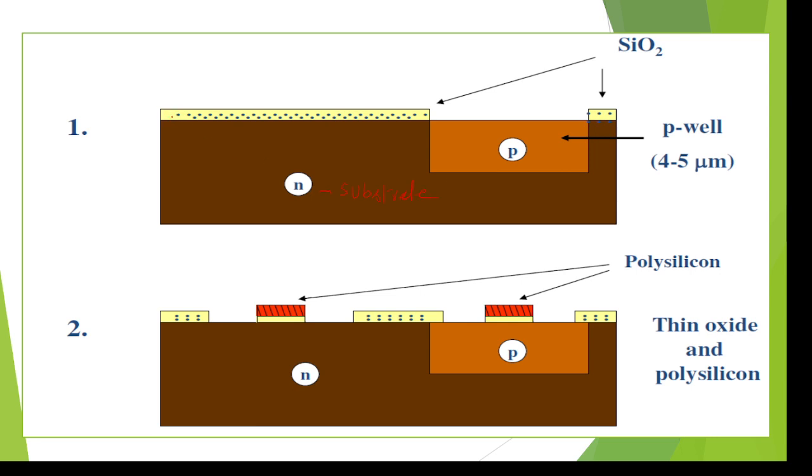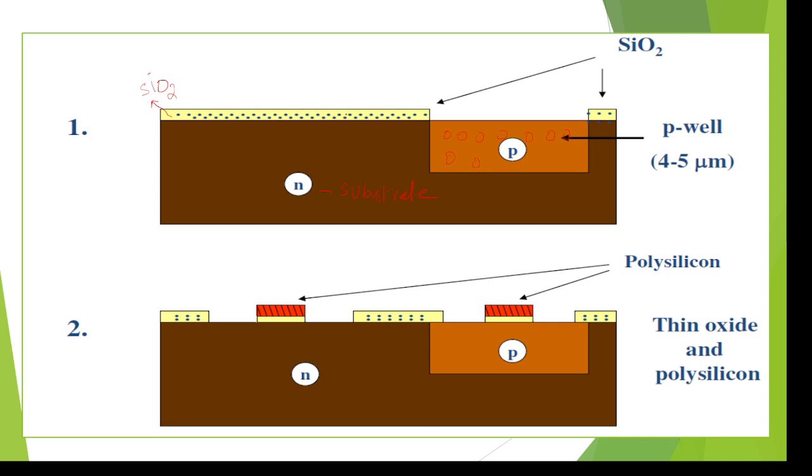The oxidation process means the total surface is covered with a silicon dioxide layer. It protects the surface, and after that we diffuse holes into the N substrate by heating this material, of course using a mask.